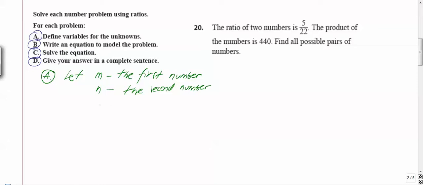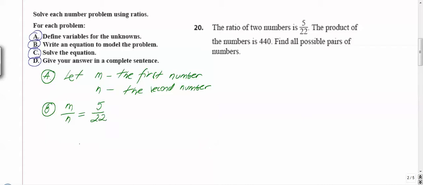Okay, so what do we know? The ratio of these two numbers is 5/22. Now you can move on to the second part. B, m over n equals 5/22. Okay.